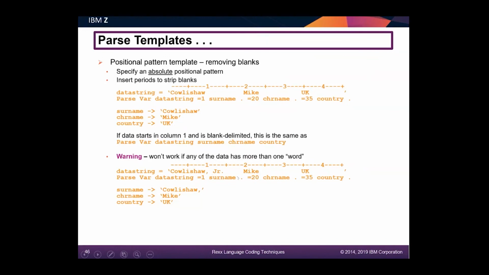So I'm mixing blank delimiting with positional delimiting here, and that's what's causing the problem because I might have blanks in my data. So it's important to understand what your data is to understand the best way to parse it. That is really the lesson learned here. You have to understand what type of data you're getting, what the possibilities are, before you determine the best way to parse that data.